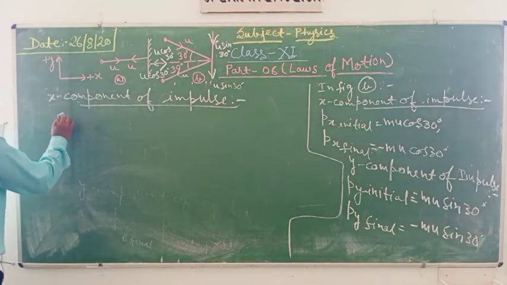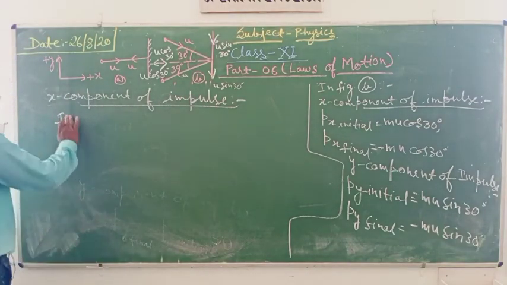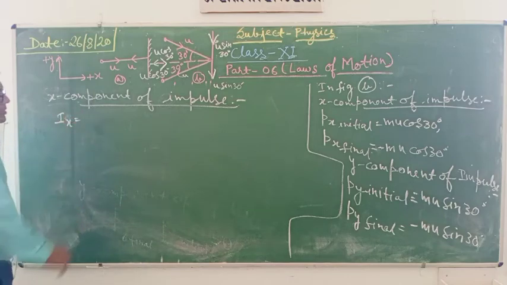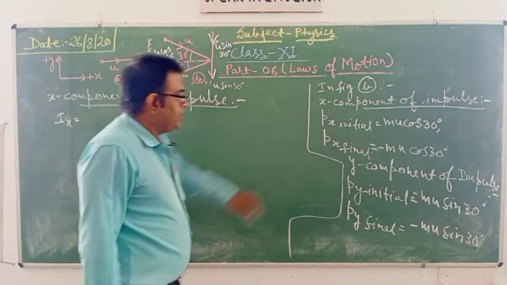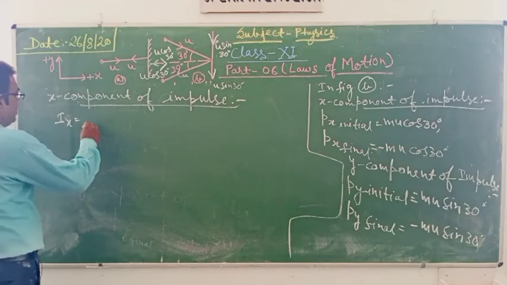You know that impulse is the change in momentum, and since you are calculating the x component of the impulse, it is Px final minus Px initial.